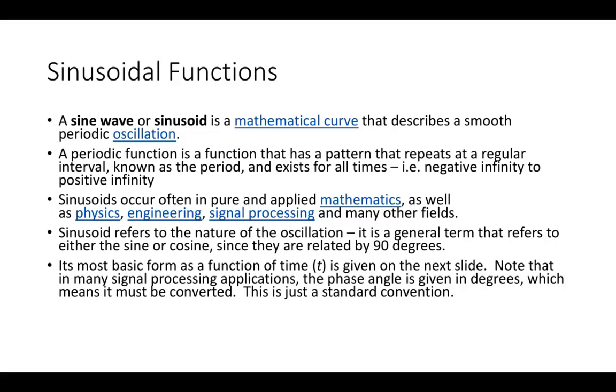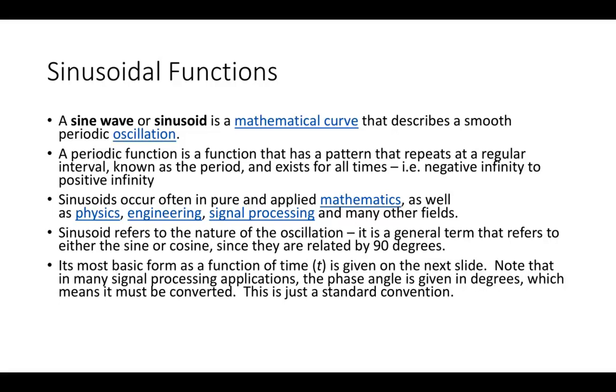A sinusoid refers to the nature of the oscillation. It's a general term. It typically refers to either the sine or the cosine function, since they're related by a phase angle difference of 90 degrees. We'll define phase angle in a bit. So it's called sinusoid, but it can be either sine or cosine.